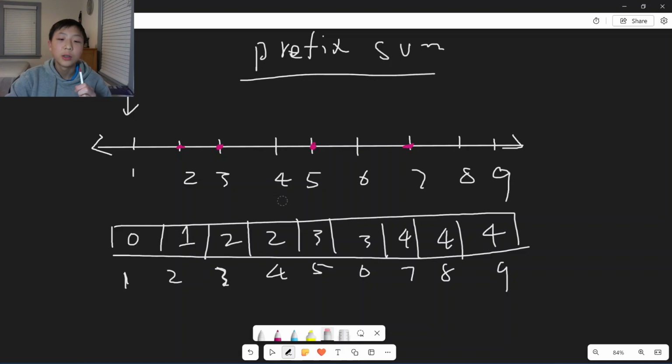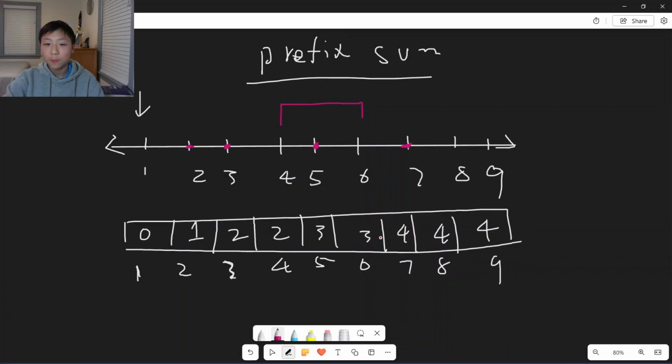So how is this array useful to the problem, given two intervals that might not start from the start? Well, what prefix sum can do is that we can first take the number of hay bales from the end position to the very beginning. In this case, we have 6, and we're going to take the number 3, and then we're going to subtract the count from the start minus 1 position to the start.